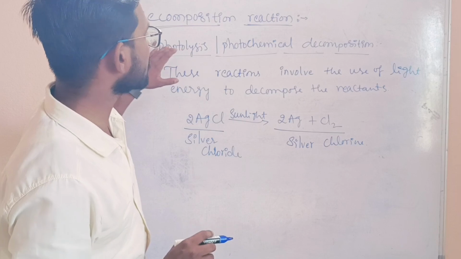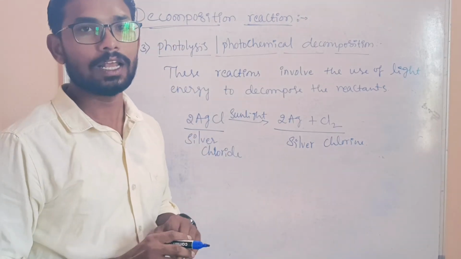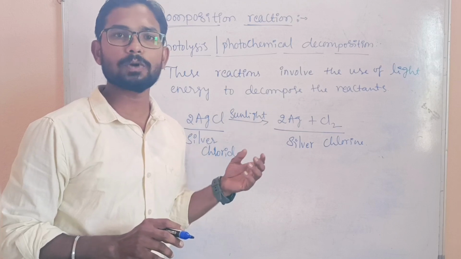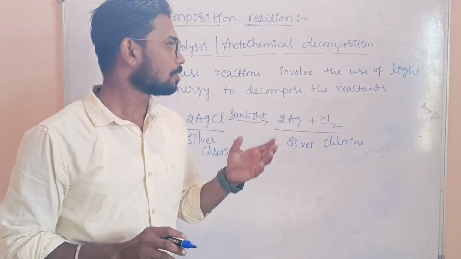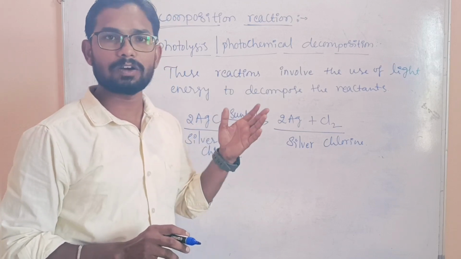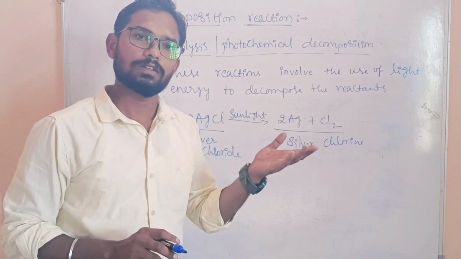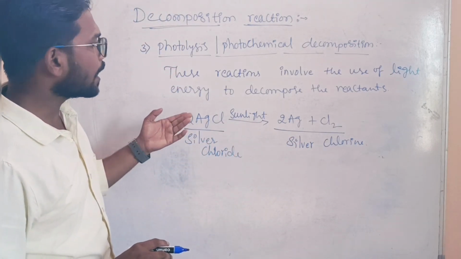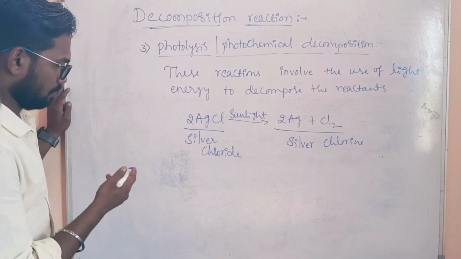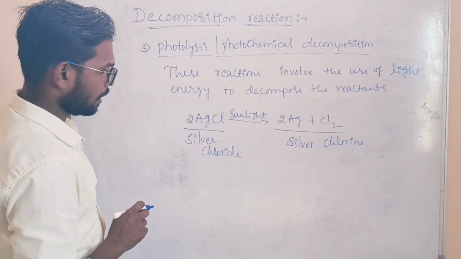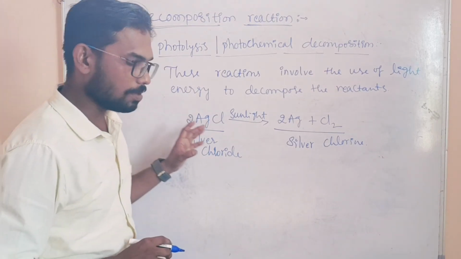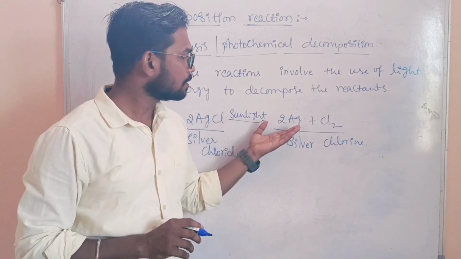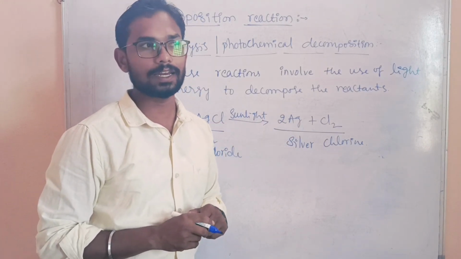The same thing happens in a decomposition reaction. Three types of energy are used to decompose any reactant: light, heat, and electrical energy. Here we gave the example of silver chloride, which breaks down in sunlight and forms silver and chlorine.